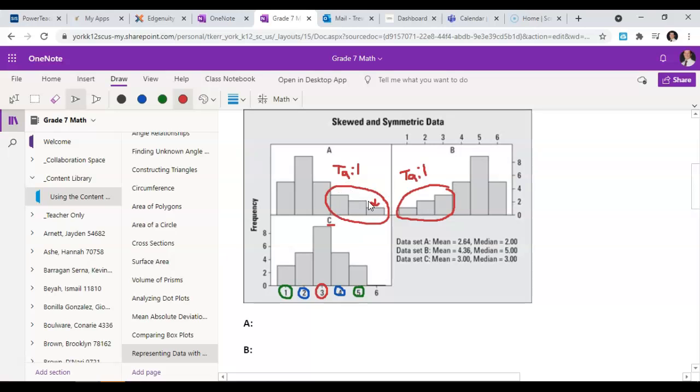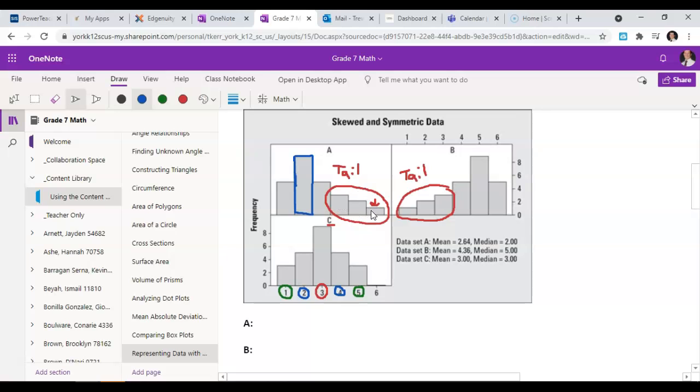So when we look at these tails, what we call these graphs is based on where that tail is. So A here, the tail is on the right side of the big one. So you look at the big one first, and then you say, okay, is the tail to the right of that or to the left of that? And I say, in this case, the tail is to the right.